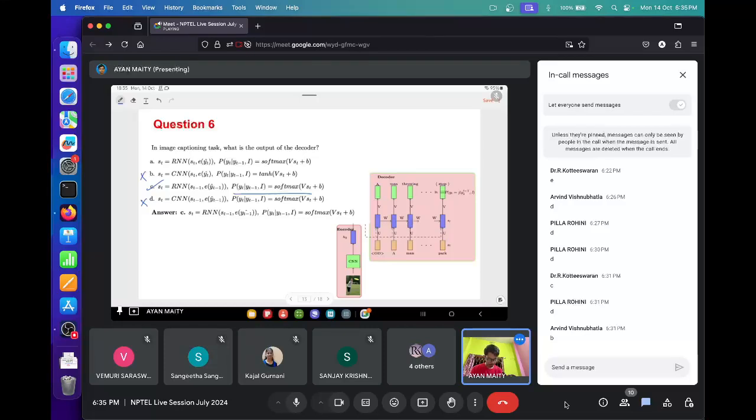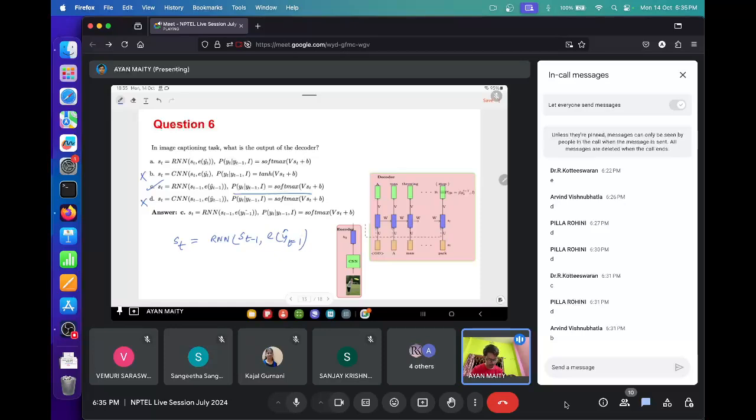ST is the state that is generated at time step t, which will take the state of the previous time step and the input at that time step. The input at that time step is basically the output of the previous time step.